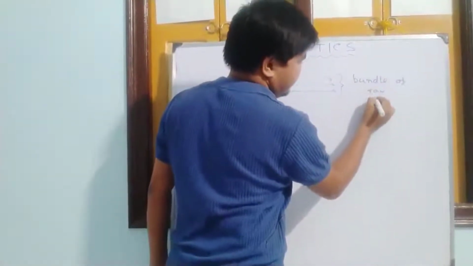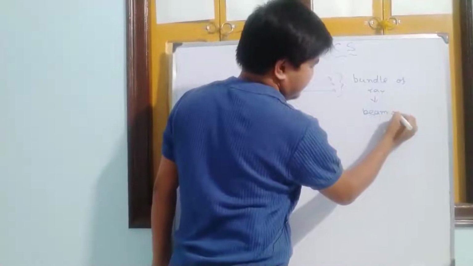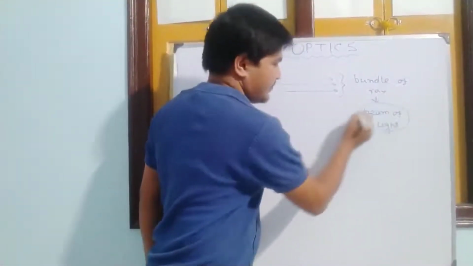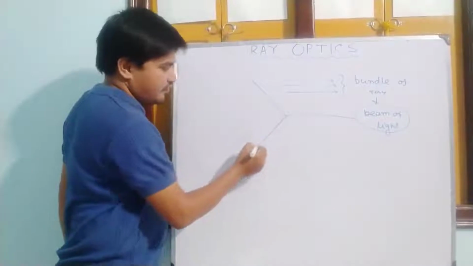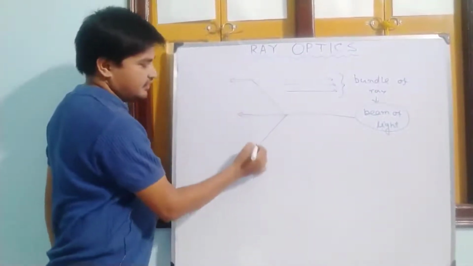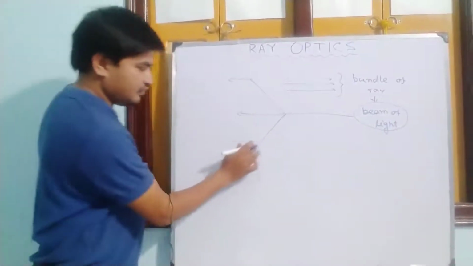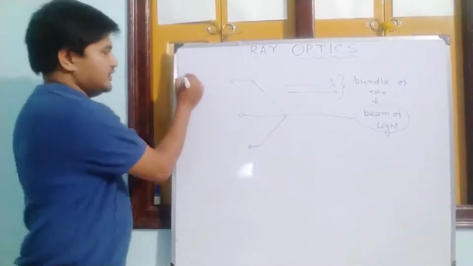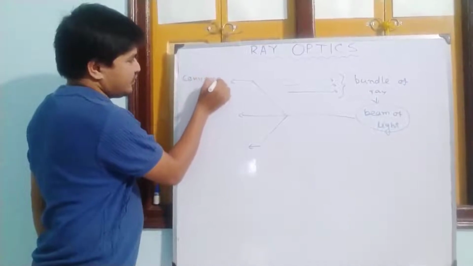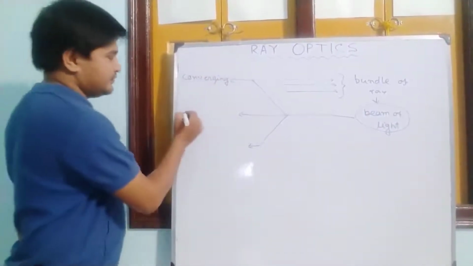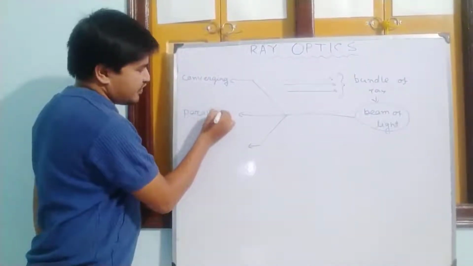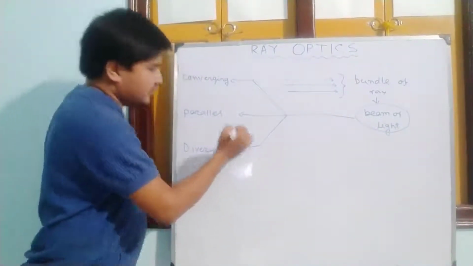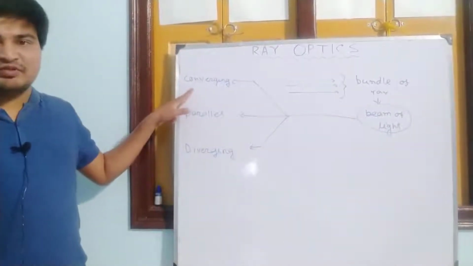This beam of light can be divided into three different parts: converging beam of light, parallel beam of light, and diverging beam of light.